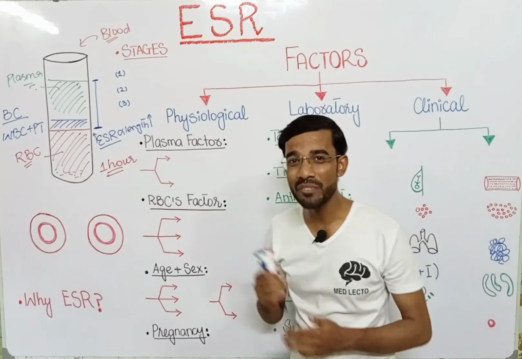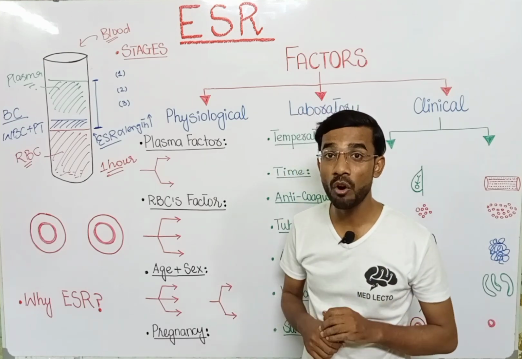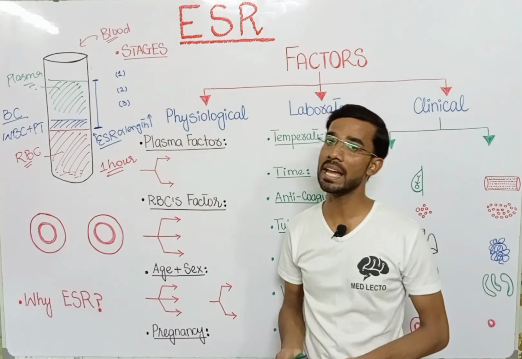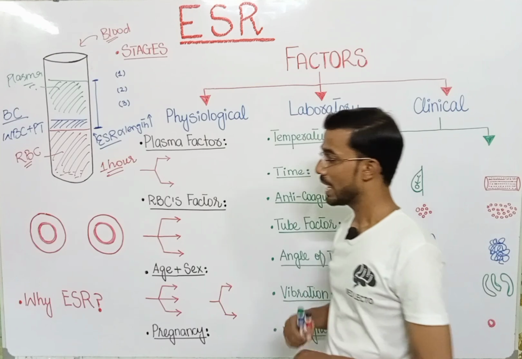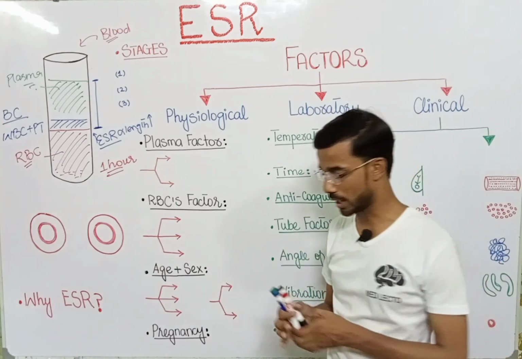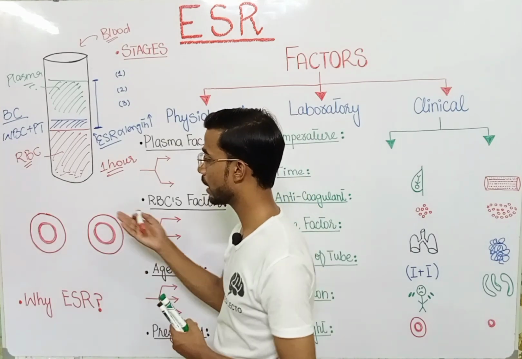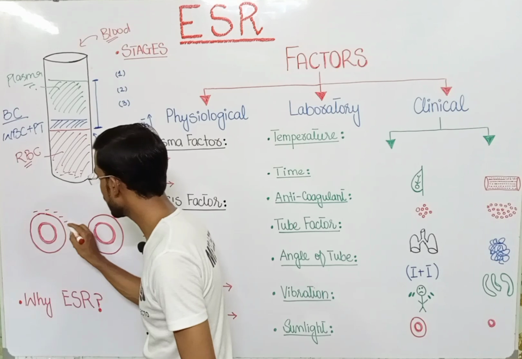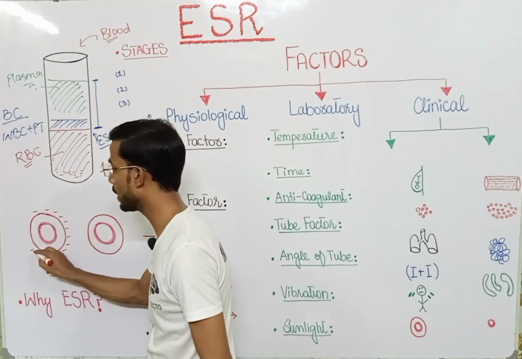So there are different factors involved in the settling of the RBCs. So that's simply ESR. In a normal situation, RBCs carry a negative charge. If you see here, two RBCs, and these RBCs carry the negative charge. That's normal.